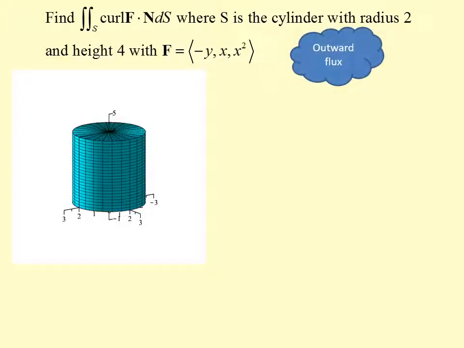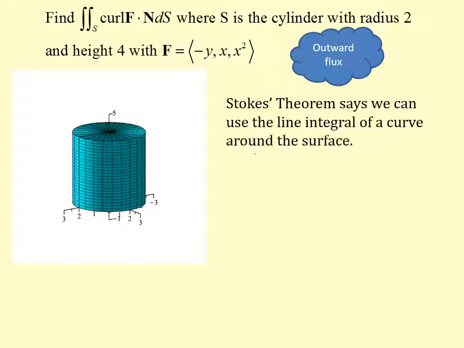Now in this final example, we will just be doing the opposite of what we just did. Instead of computing the surface integral for this, we're going to employ Stokes' theorem, which says we can do the line integral of a curve around that surface.